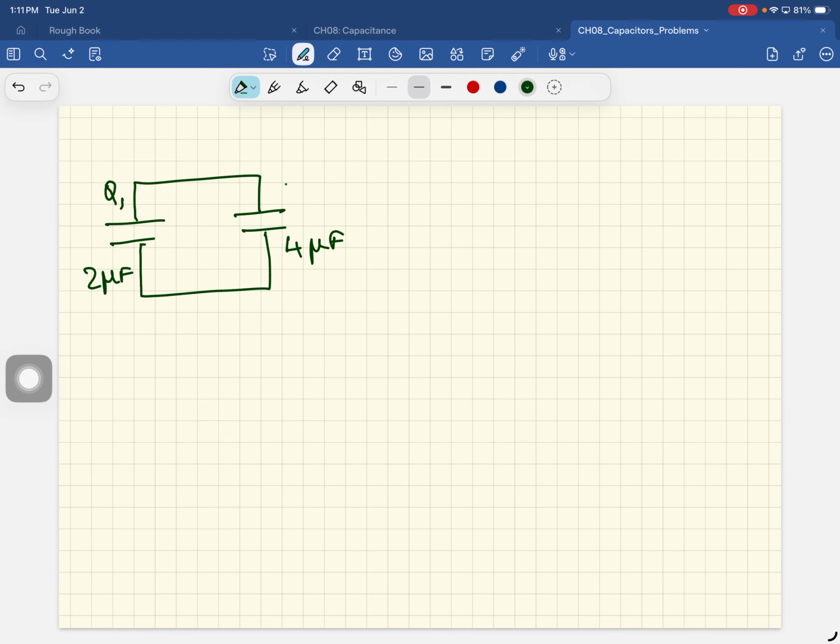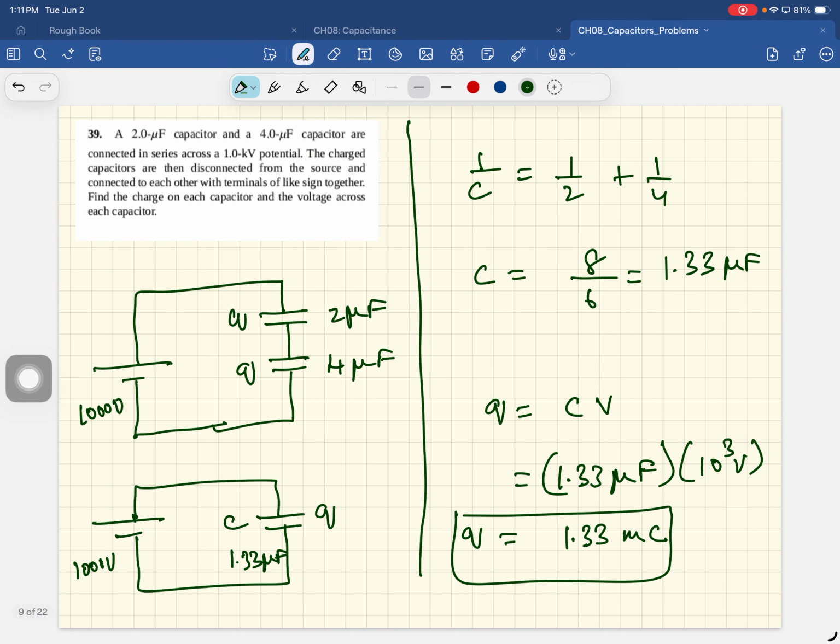A capacitor has a charge of 2.5 microcoulombs when connected to a 6-volt battery. How much energy is stored in this capacitor? So the energy stored in the capacitor is 1/2 CV squared.